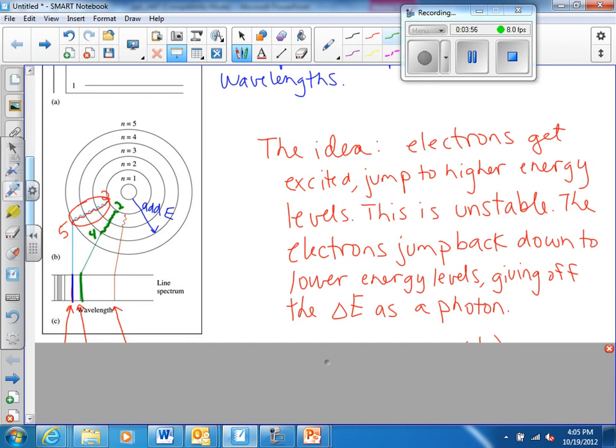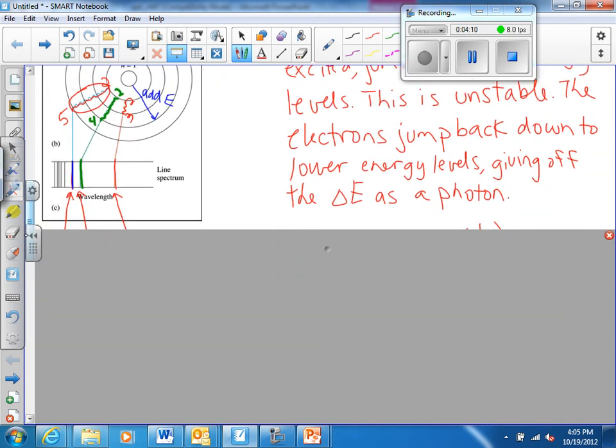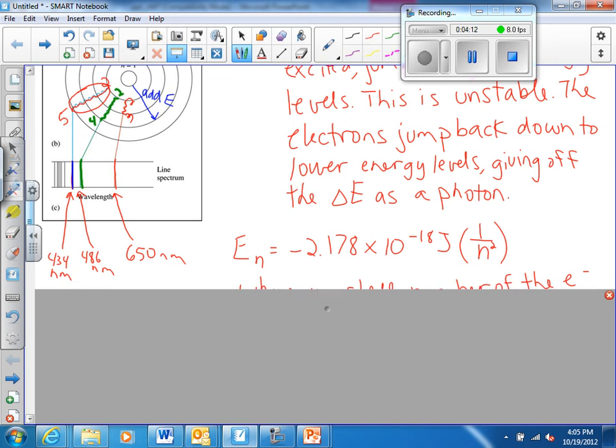And if we jump from shell 3 down to shell 2, we give off a photon of light. Remember, these photons can be particles or waves. And that would be the red line that we see in the line spectrum. Now over on the left side, I've given you the actual wavelengths of these particular lines, and you can measure these when you're looking through diffraction grating.